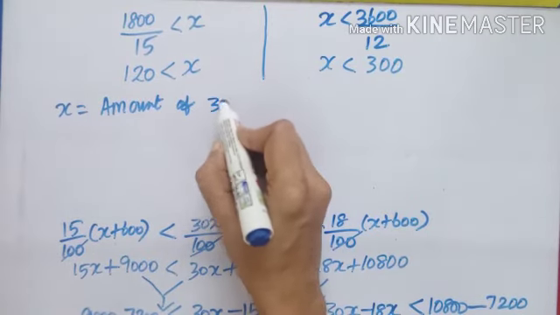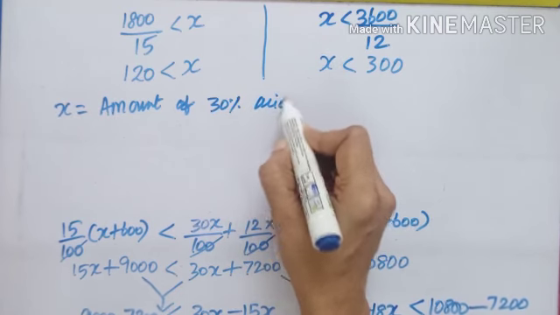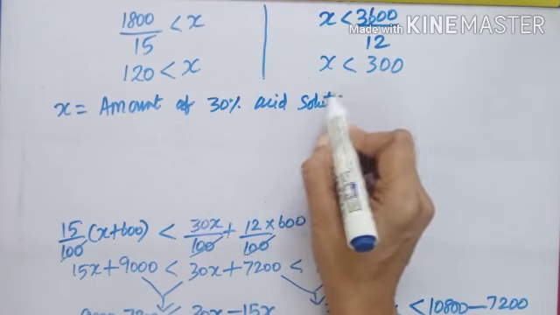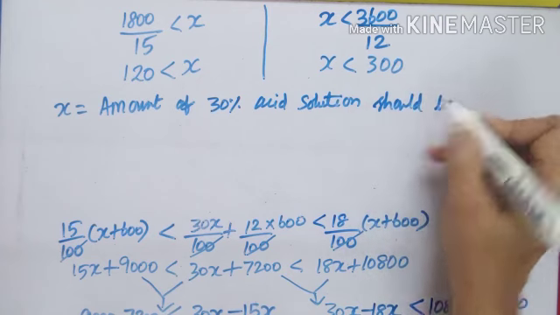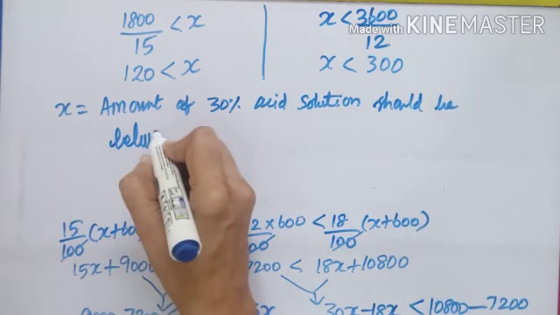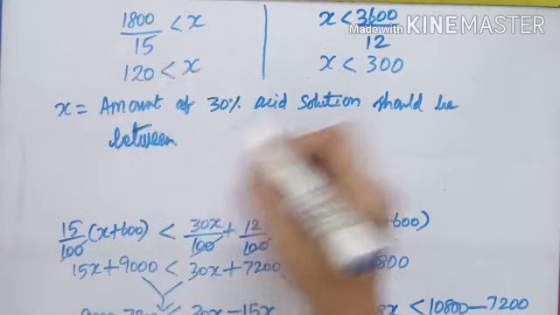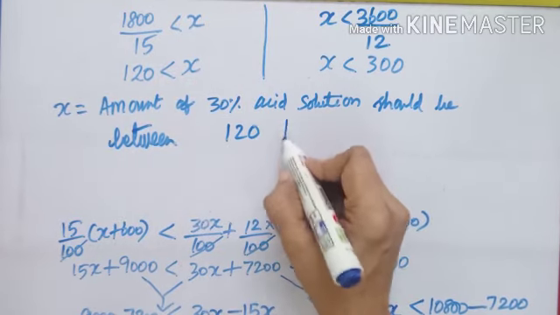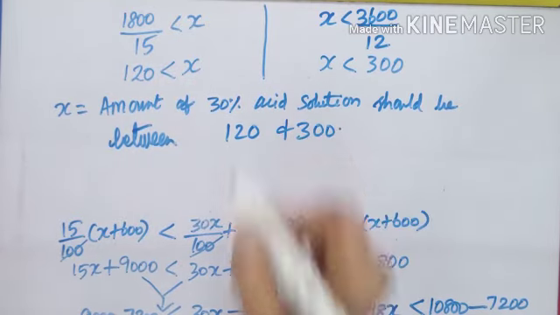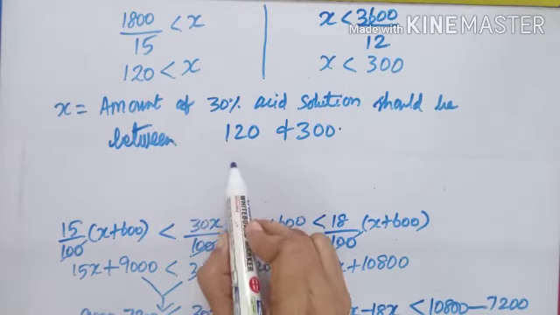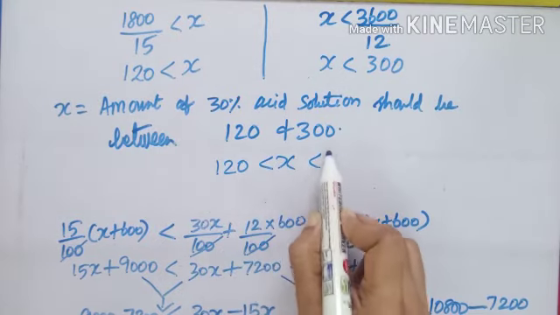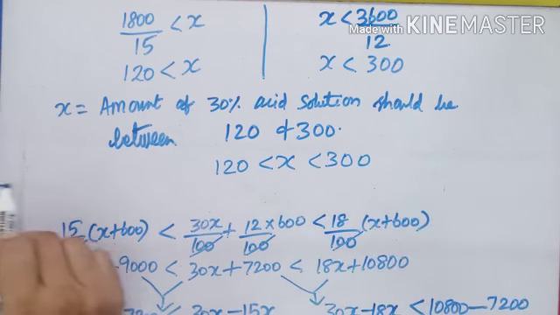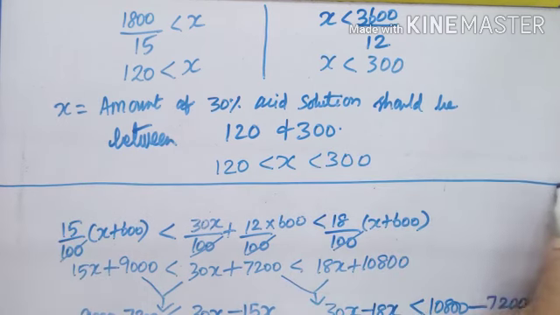So the amount of 30% acid solution should be between 120 and 300. So that is the answer. We can also give it as an inequality, 120 less than x less than 300, and that is the final answer.